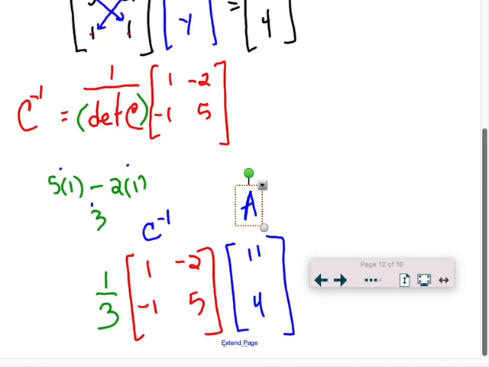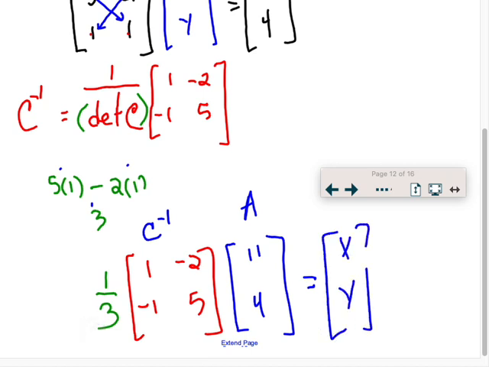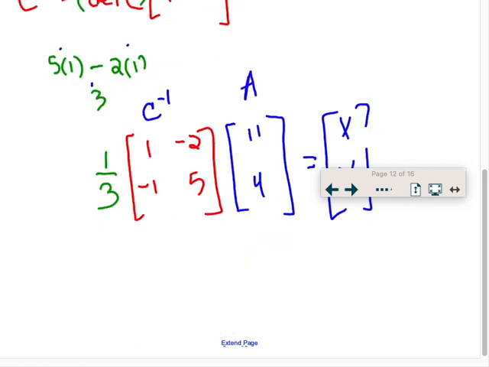And all of this is going to equal our variable matrix XY. I personally think it's easier to do the multiplication of the red and the blue matrix first, and then multiply the scalar in, than to multiply the 1/3 scalar to the red matrix and then multiply it to the blue.